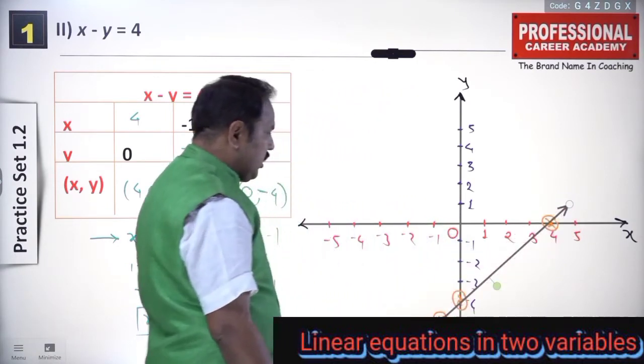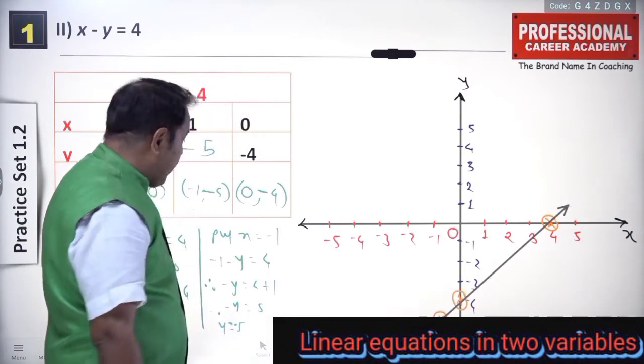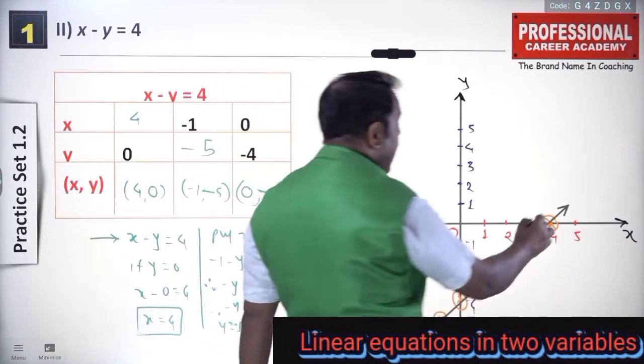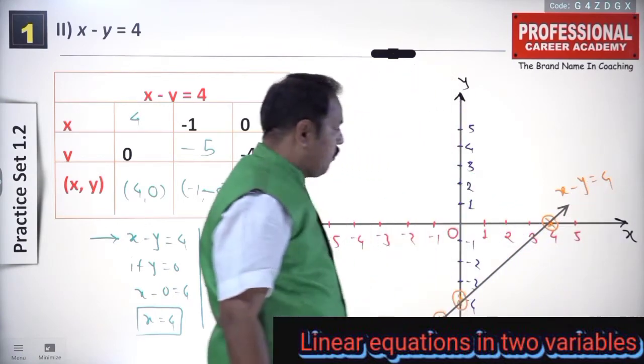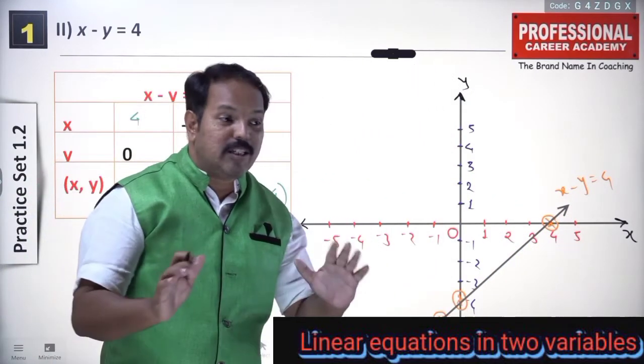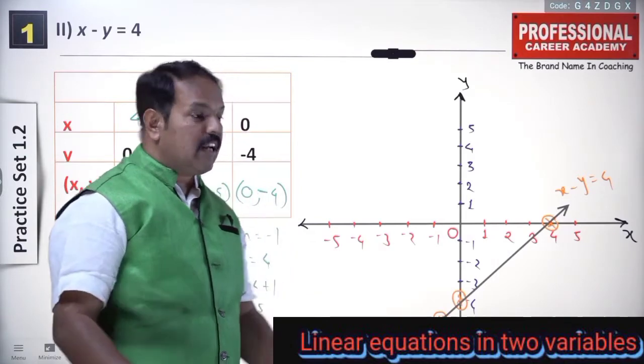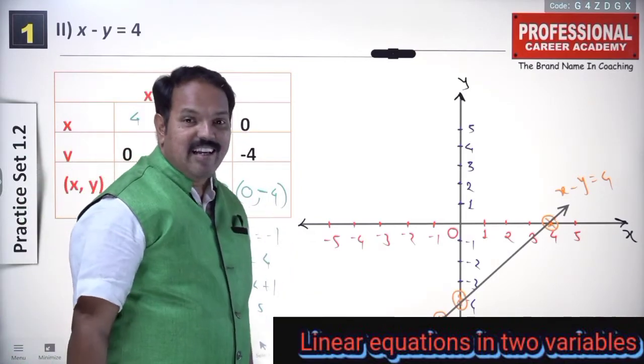See here. This is the line. Which line? x minus y is equal to 4. Got it? Very simple. How to draw the graph of the given line.